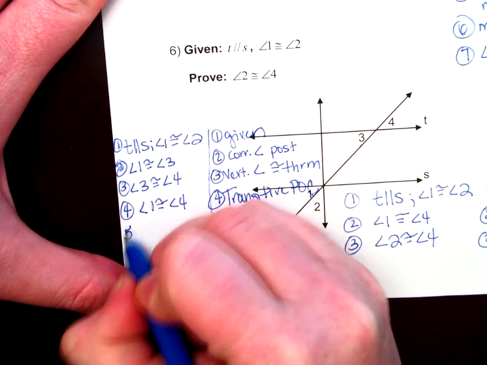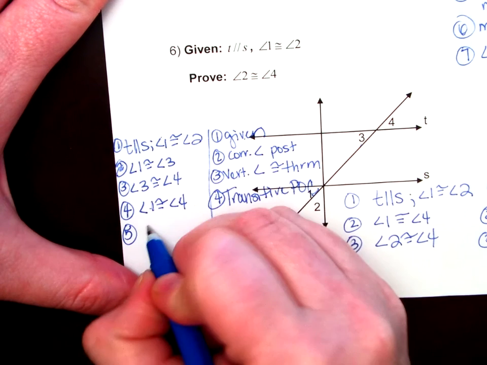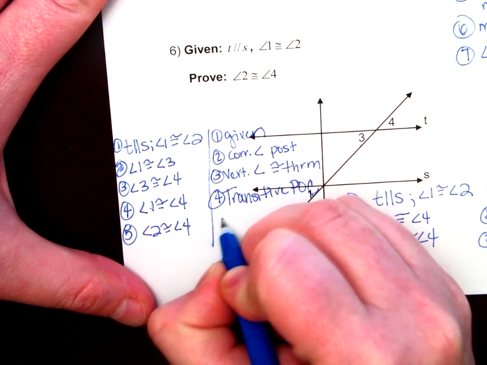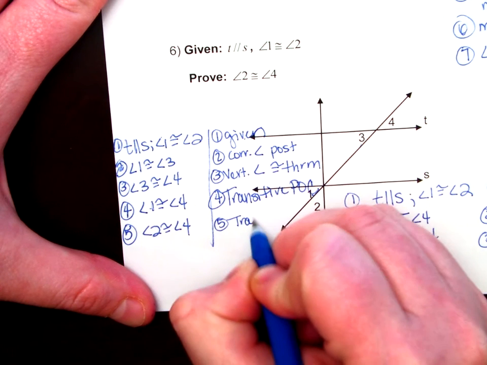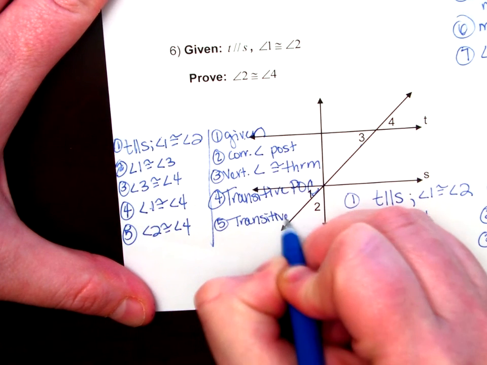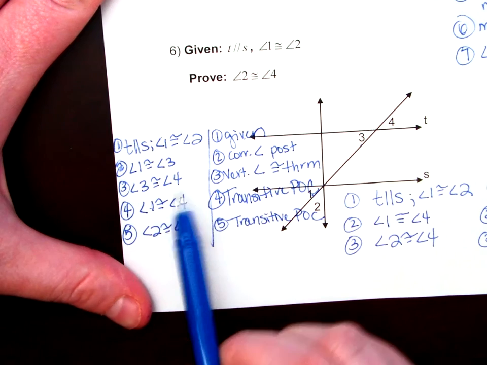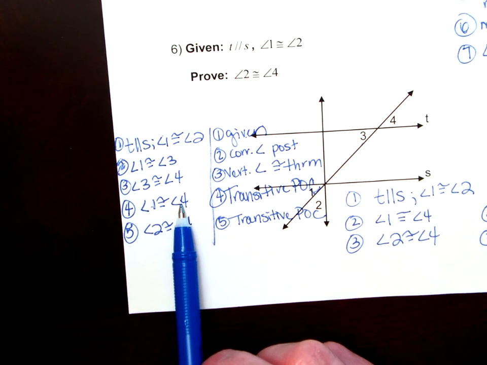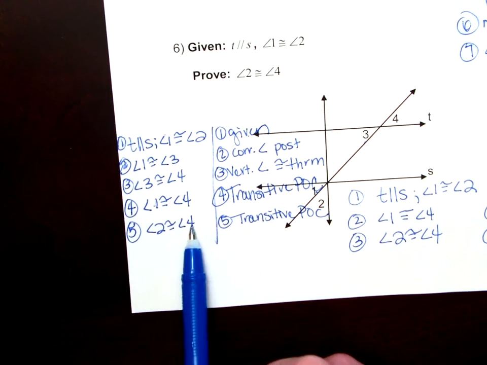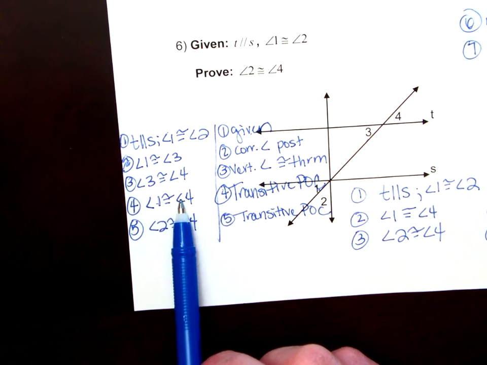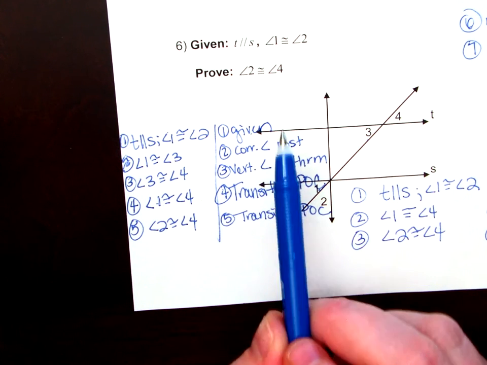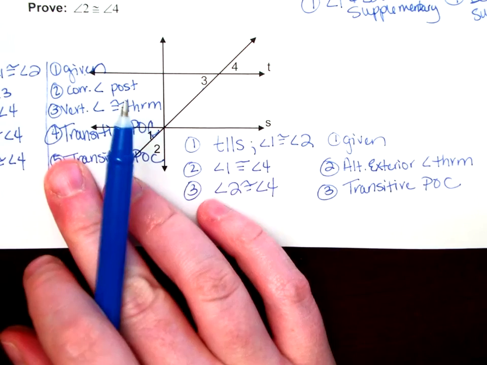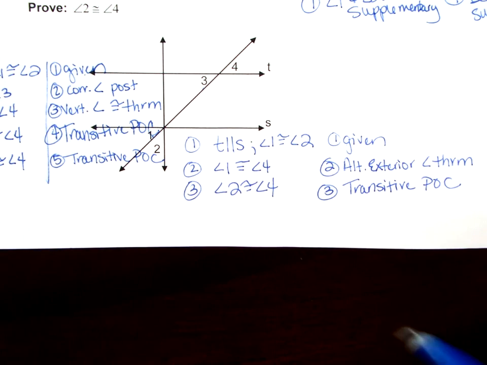And then 5, angle 2 is congruent to angle 4, and that's transitive again. Once again, if I wanted to, this could be angle 3 is congruent to angle 2, and then I could say angle 2 is congruent to 4. So this one here could be changed up, but pretty much you can do a few transitives using corresponding angles postulate and vertical angle congruence theorem, or if you want to be pretty quick, alternate exterior angle theorem. So there's your proofs.